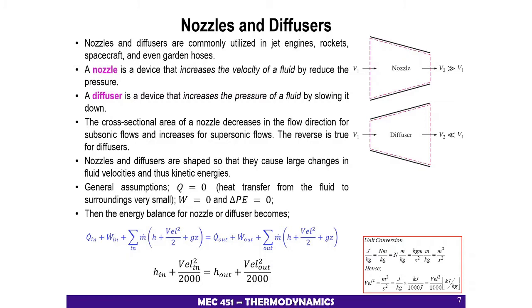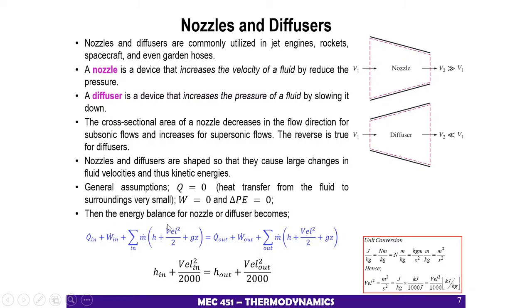General assumption for nozzle and diffuser: there is no heat being transferred, so your Q will be 0. Also no work in or work produced, so we assume your work is 0. And normally the change in potential energy is also assumed as 0.